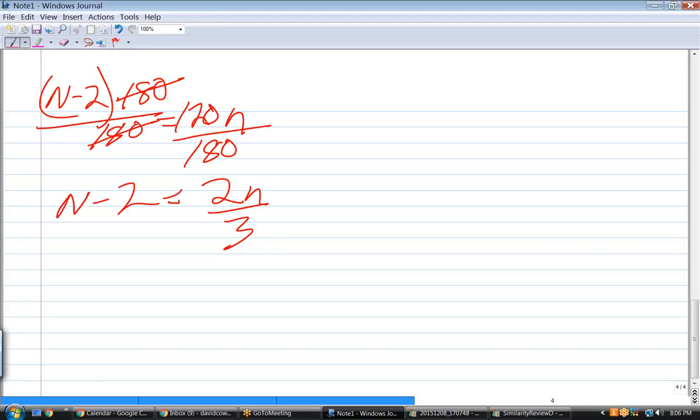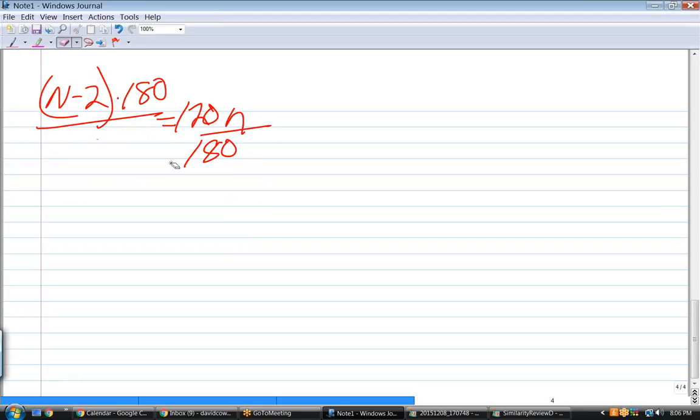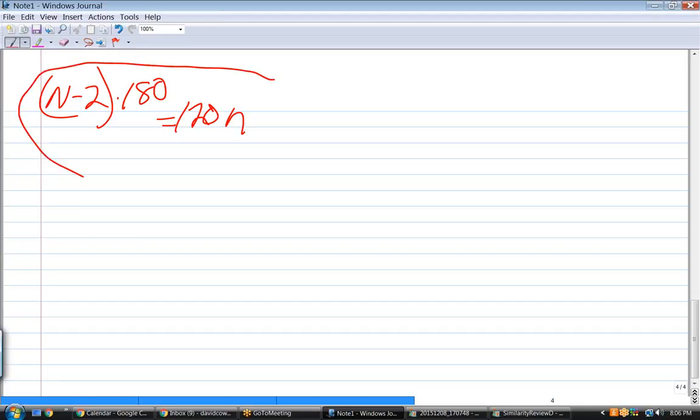I apologize. Let's go backwards here. What am I thinking? This is different. In other words, if I divide both sides by 180, I've got n on the left and n on the right. And from this stage of the equation, my next goal is to really gather everything with n in it on one side and everything with numbers in it on the other.